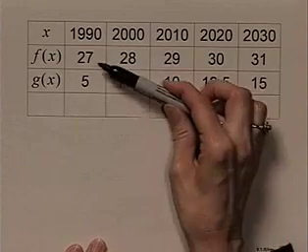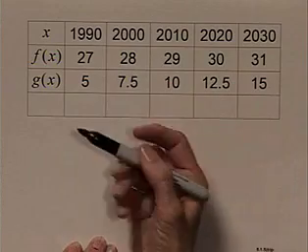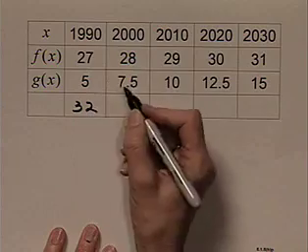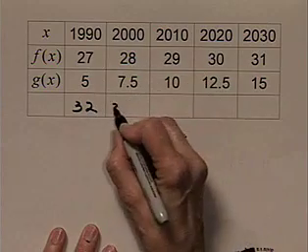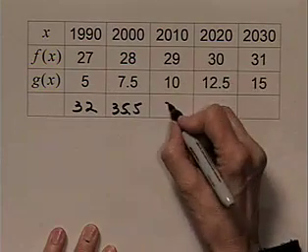Here's our table. We want to add the two together to get the total emissions for the developed and developing countries. So we'll simply fill in our table by adding the numbers in each column.